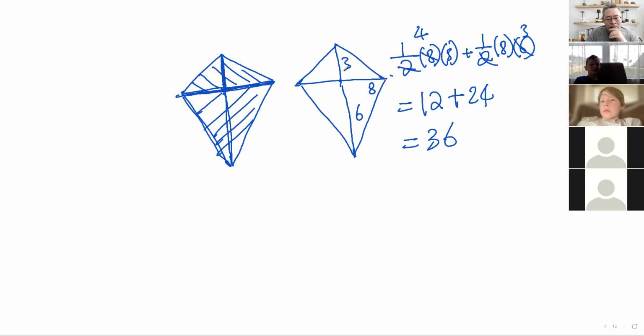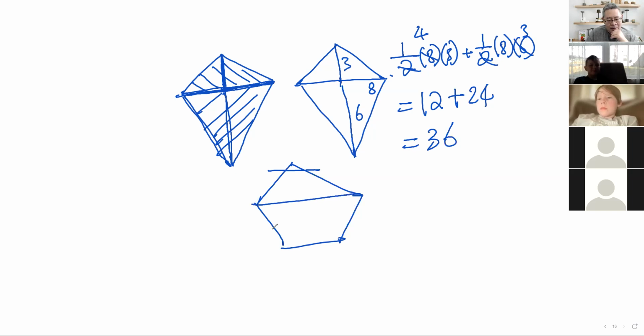For polygons, we can always turn them into triangles. For example, the pentagon is like this. We actually can cut it into one triangle and a trapezoid. So then we can measure it as a triangle and a trapezoid.